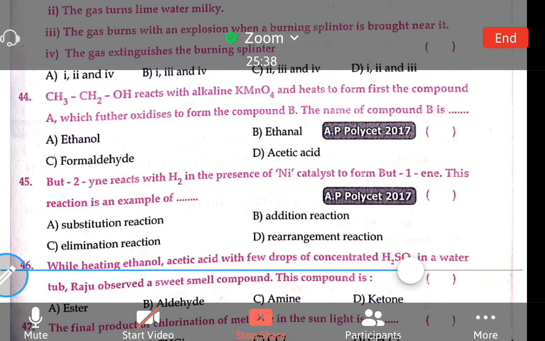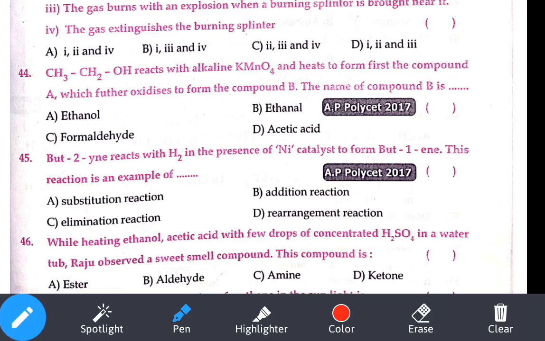Let's see the 44th question. CH3CH2OH reacts with KMnO4 and heat to form first compound A, which further oxidizes to form compound B. The name of the compound B is, okay, what is that? Tell me. CH3CH2OH means ethyl alcohol.